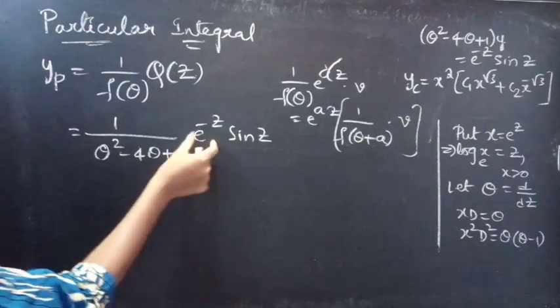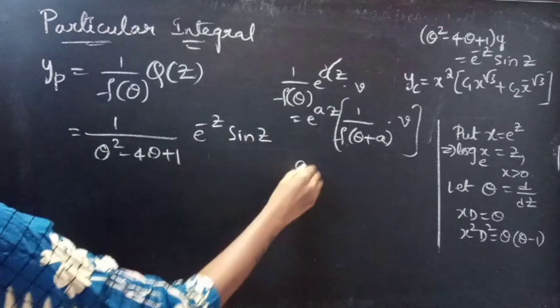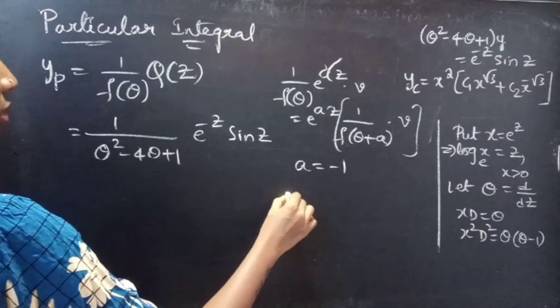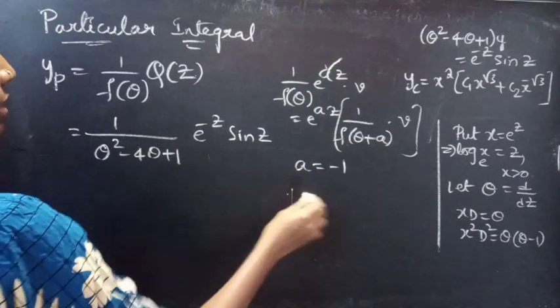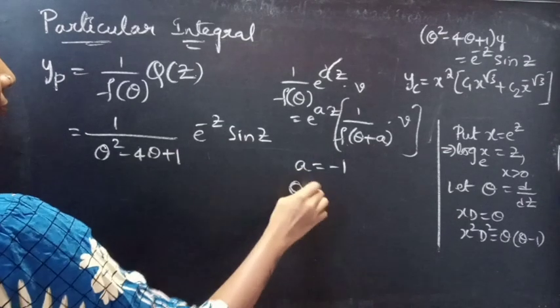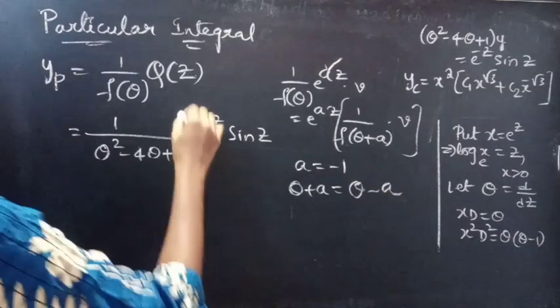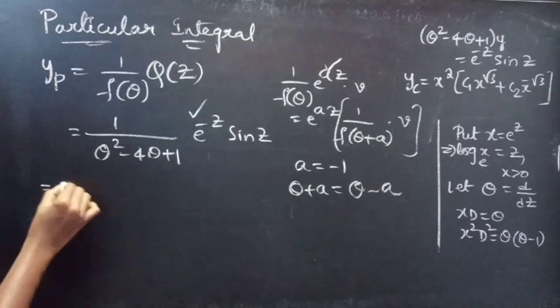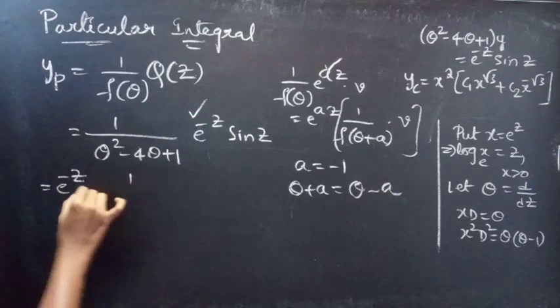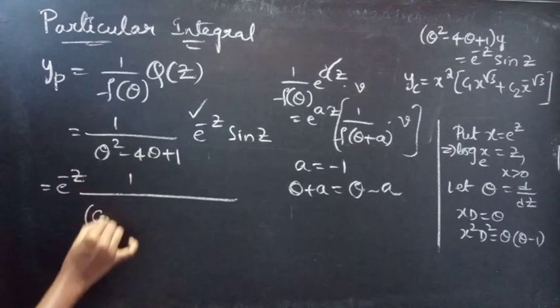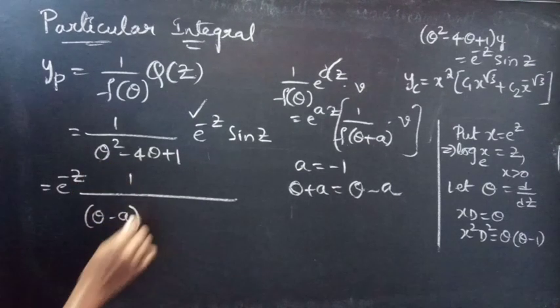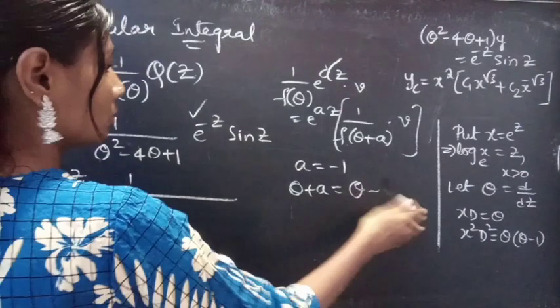Now compare e power minus z with e power az, then for a equals minus 1, we'll find theta plus a is equal to theta minus 1. Now shift e power minus z towards left by replacing this theta by theta minus 1.